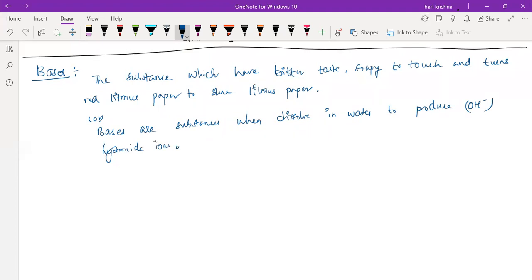Hydroxide ions. OH minus ions, that is the hydroxide ions. Carbonate is different. Sodium hydroxide, NaOH, is a base. Calcium hydroxide. Calcium carbonate is also a salt actually.